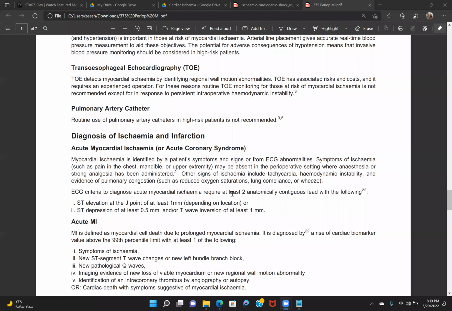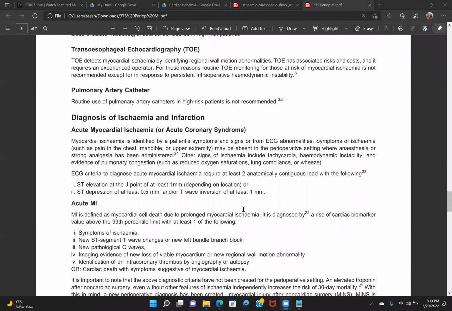There will be changes if you do the 12 lead ECG. There will be significant elevation or depression according to the pathology going on in the relevant leads. Yesterday we talked about the relevant leads: 2, 3, aVF for the inferior wall, and 1, aVL, V5, V6 for the lateral wall, and for the anteroseptal wall we discussed.